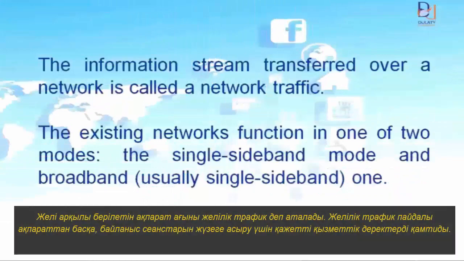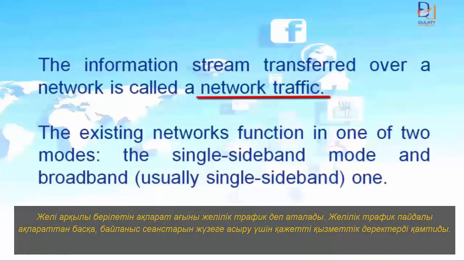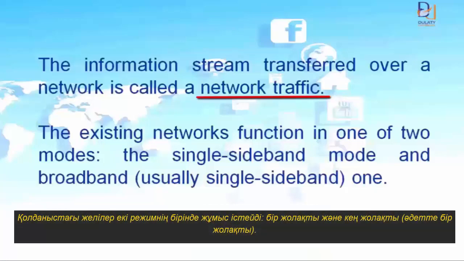The information stream transferred over a network is called network traffic. The network traffic, in addition to the useful information, contains the service data necessary for implementation of communication sessions. The existing networks function in one of two modes, the single sideband mode and broadband one.